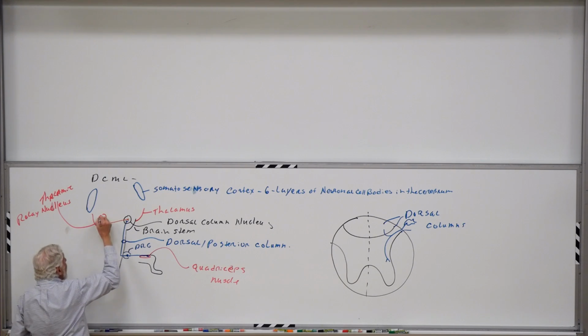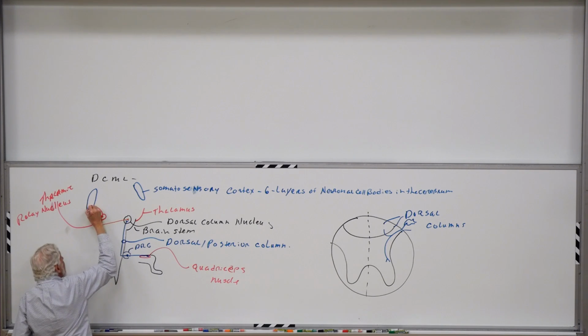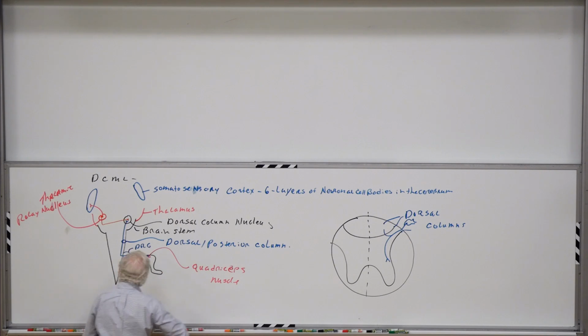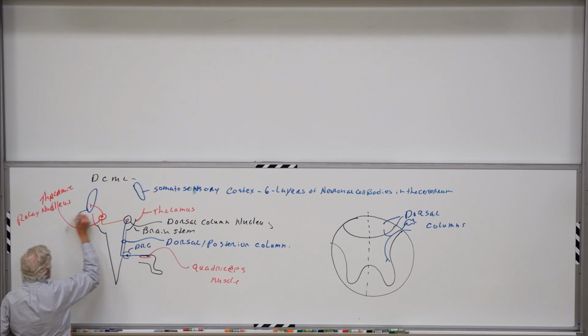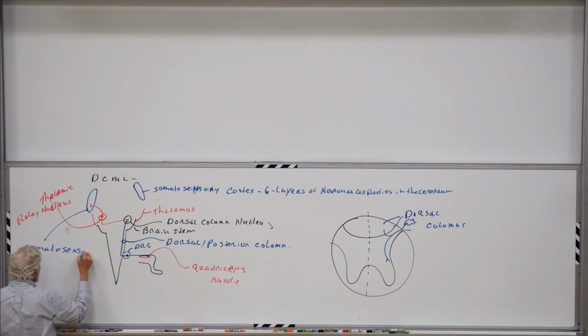Then there's another neuron here, which I'll show in red, with its neuronal cell body and its input region, which now extends a process up to here in the region known as the somatosensory cortex.